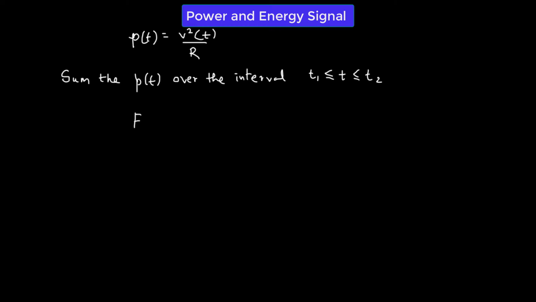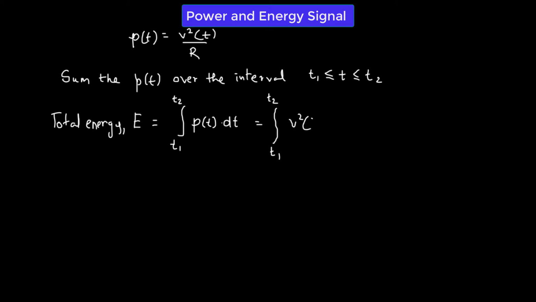So we get the total energy, which is given by the integration, the lower limit going from t1 to the upper limit t2, of P of t times dt, which is simply the integration from t1 to t2 of V squared of t over R times dt.